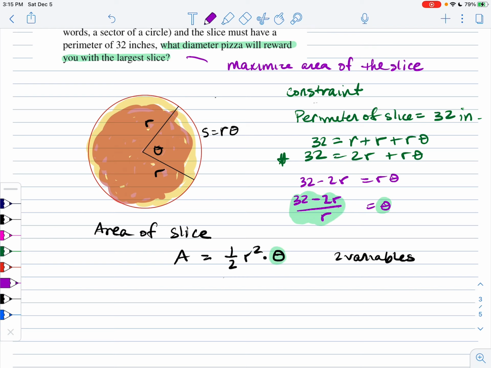So what do I get? I end up with 1/2 r squared times 32 minus 2r over r. I'm going to clean things up.